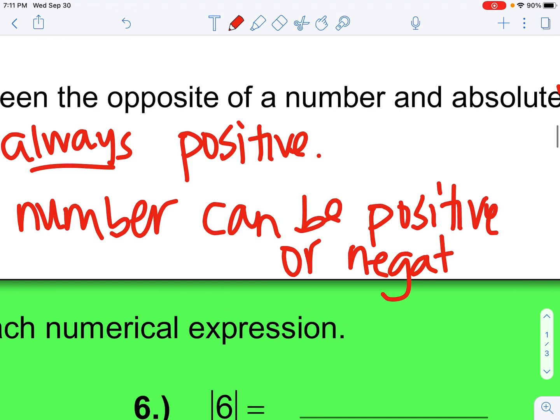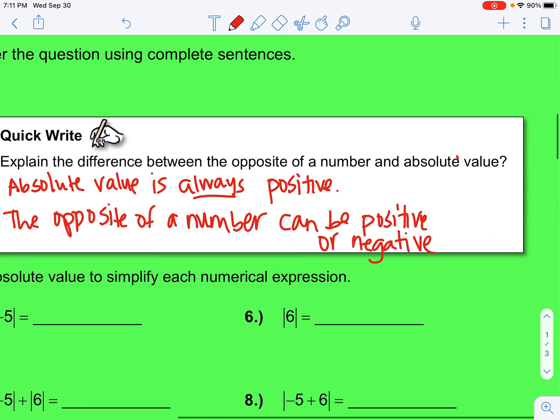For example, if I say what is the opposite of -5, you would tell me it's 5. Right? What is the opposite of 7? You would tell me the opposite is -7. So the opposite can be positive or negative, whereas absolute value is always positive.